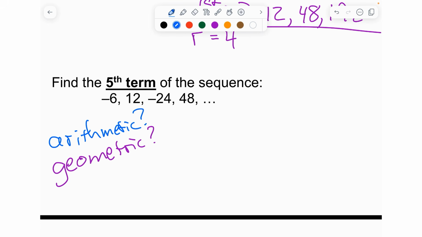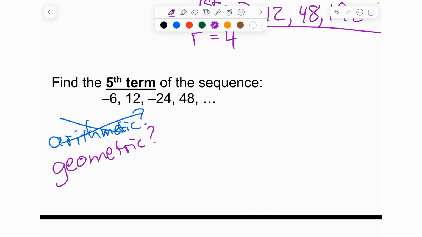Well, honestly, you have to kind of go through the choices. Are the numbers changing by the same difference? Am I adding or subtracting the same amount? If I go from -6 to 12, just kind of by the way, I would have added 18. Is that what happens when I get to the next number? Do I add 18? No, it doesn't seem to be making sense with addition or subtraction.